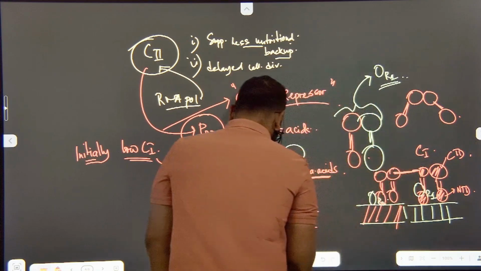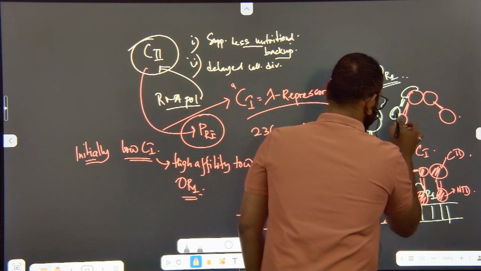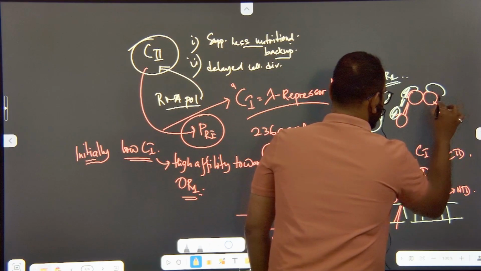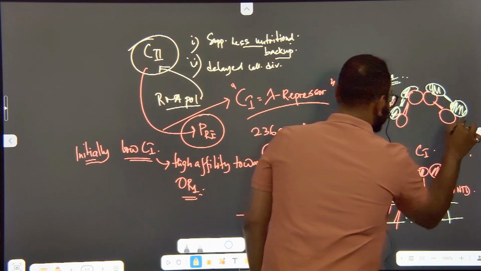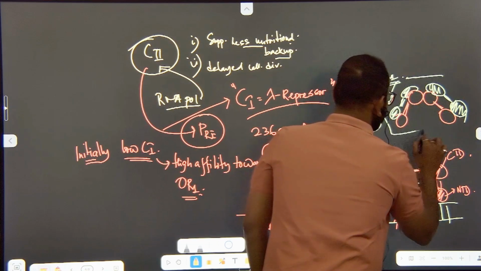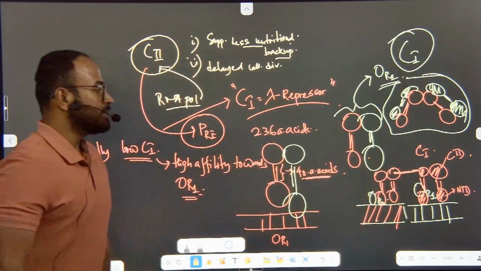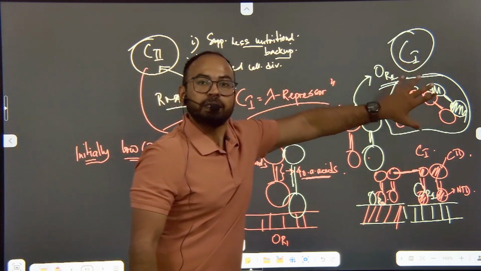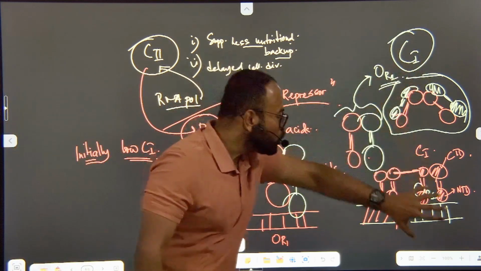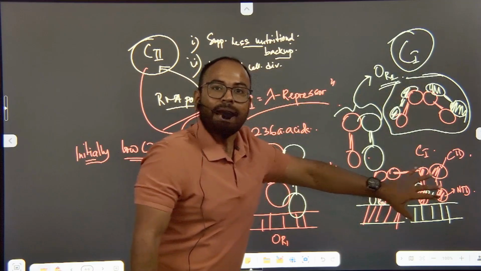These two will come close to each other, forming a structure like this. This is how the overall cooperativity of C1 will function on binding with both OR1 and OR2.